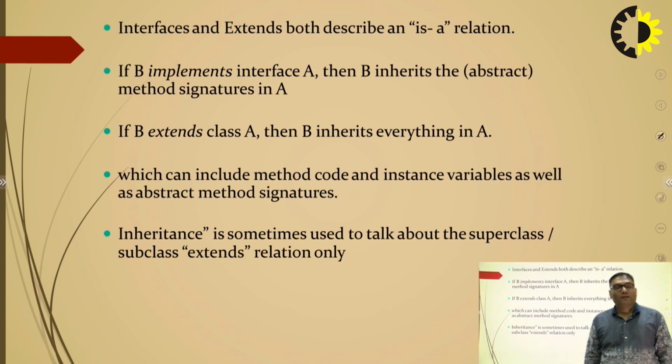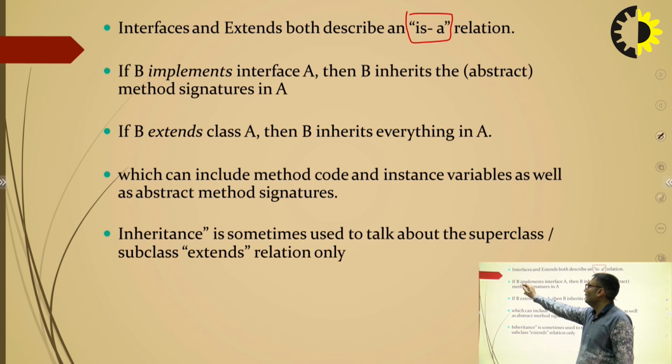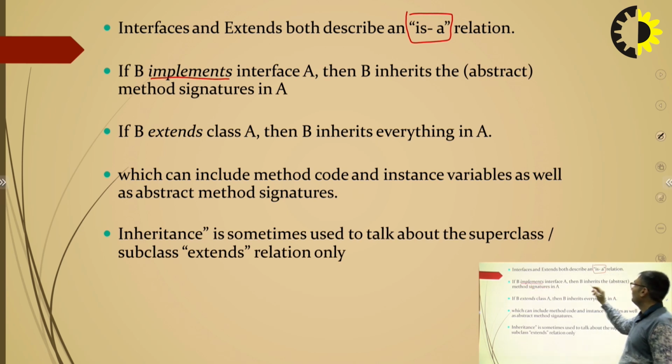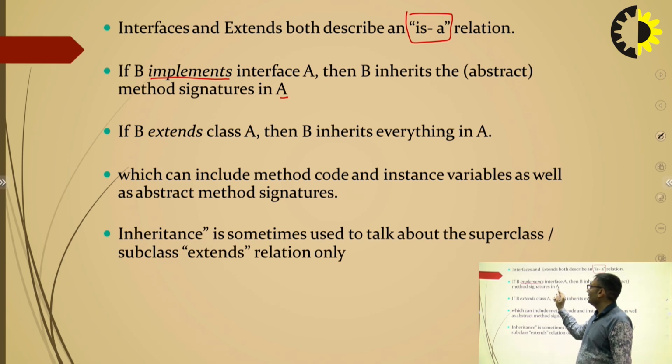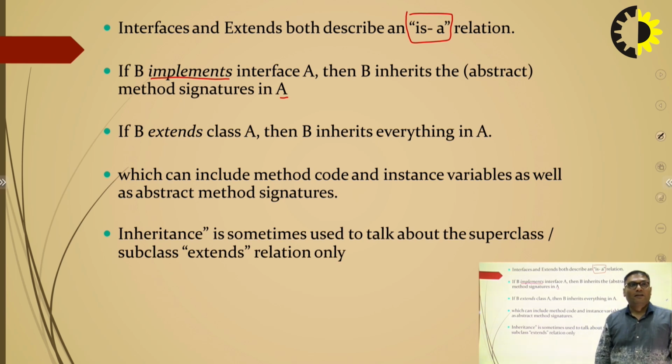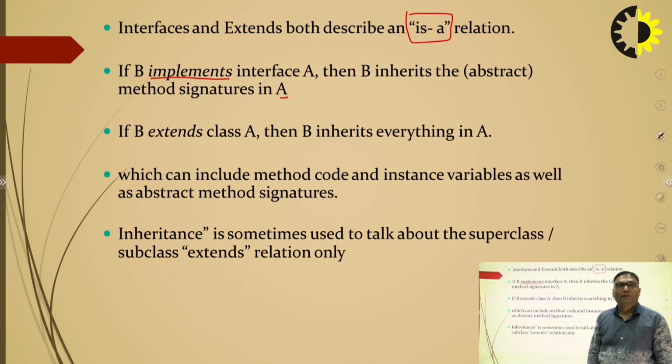Another point related to interfaces is extends. Interfaces and extends are both a kind of is-a relationship. If B is a class that implements interface A, then B inherits the abstract methods, that is the method signatures, defined inside A. So at the time of implementation, the return type should be the same.